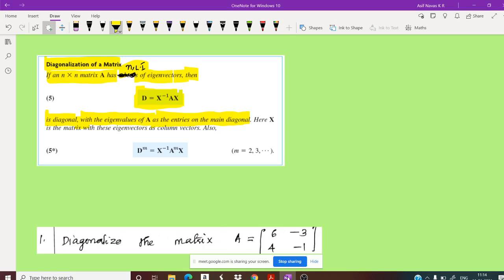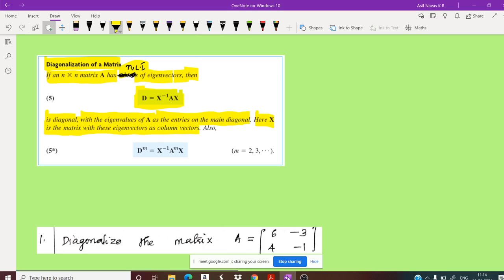So the entries on the main diagonal of the matrix D are eigenvalues of A, and X here is the matrix with the eigenvectors as column vectors.